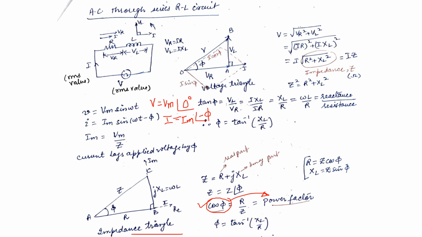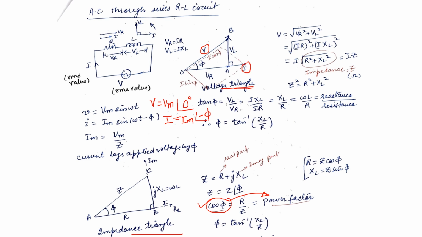And if we look at the voltage triangle also, we can write the power factor, which is the cosine of the angle between the supply voltage and the current. So this cos of phi is also known as power factor, which we can obtain from the voltage triangle. And from the impedance triangle, we can take the ratio R by Z. This gives us cos of phi, which is called the power factor.